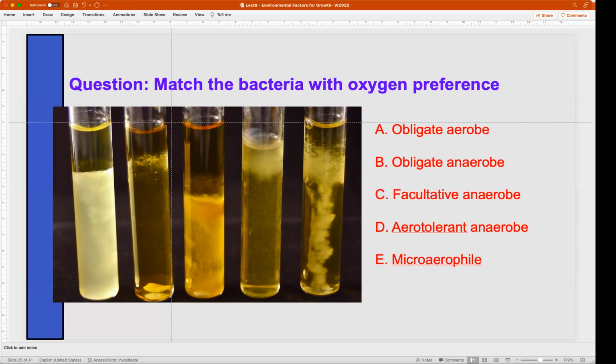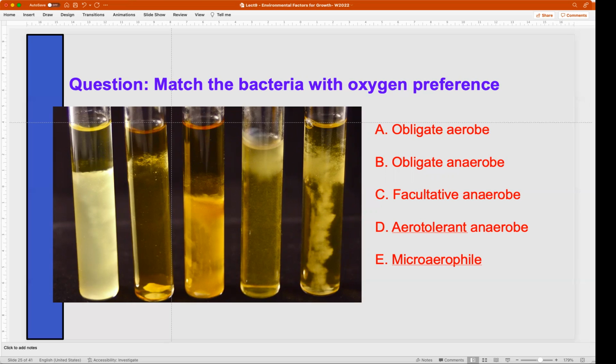The first one with the white material in it, it's hard to say. C, facultative anaerobe, definitely the fifth one, but I don't know about the first one. It's kind of hard to say.